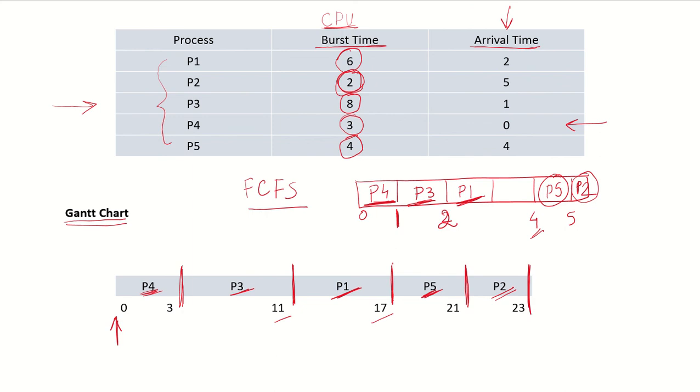So from 21 to 23, P2 will use the CPU. So this is the Gantt chart. It shows the timeline of the execution of the different processes on the CPU. Now we will check the various performance metrics and see how the system is performing with this example.